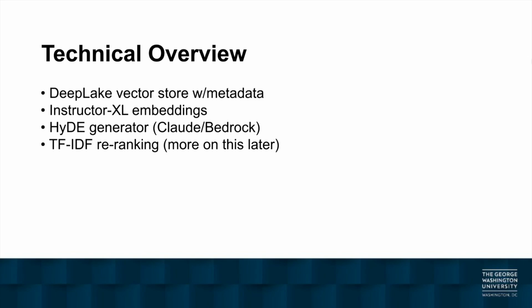We also implemented what is called hypothetical document embedding, or HYDE, where we generate potential answers to help improve our search accuracy. And finally, we use TF-IDF re-ranking to ensure that the most relevant documents rise to the top.